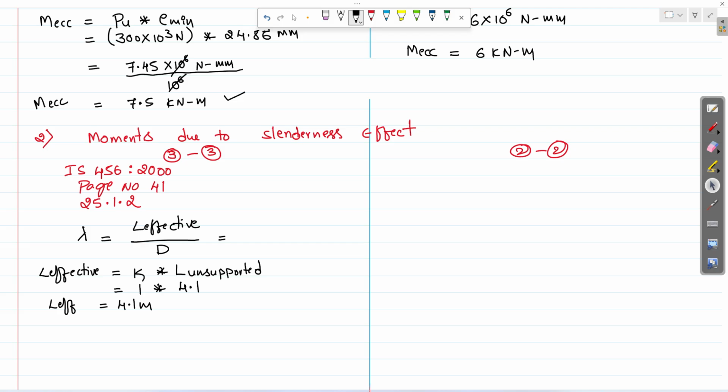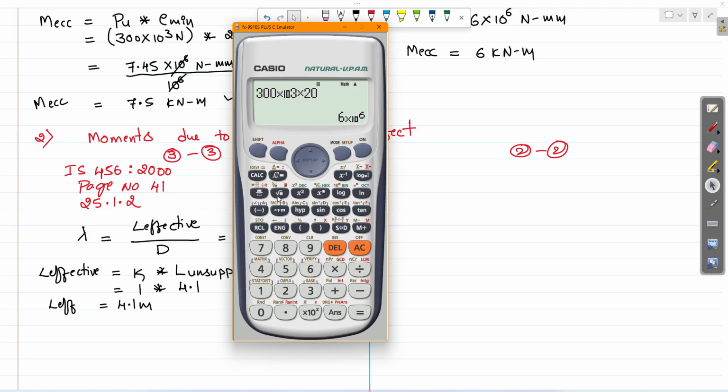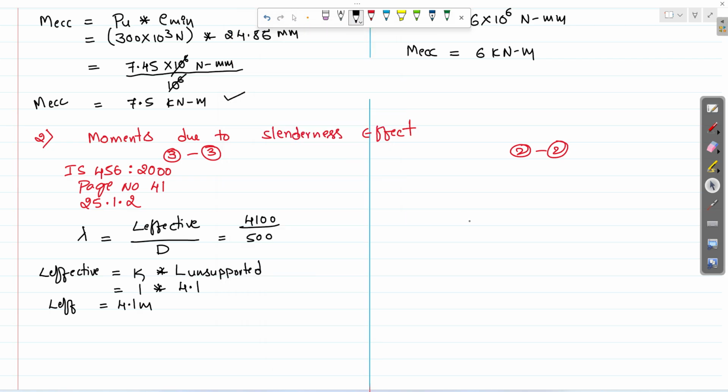So here in the calculation, 4100 divided by, so depth will be 500. So 4100 divided by 500. So here it is 8.2, which is less than 12.